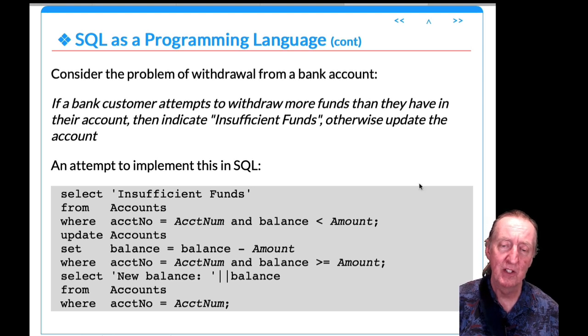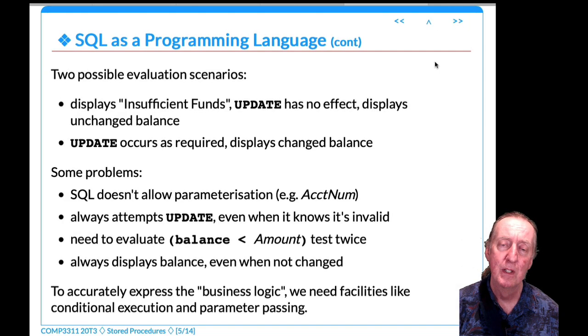Now, a couple of things to notice here. Somehow the account number and the amount have made their way into this SQL. How do they do that? Interesting question. It's kind of like there are parameters to this piece of SQL code, but there's not an obvious way to get them in.